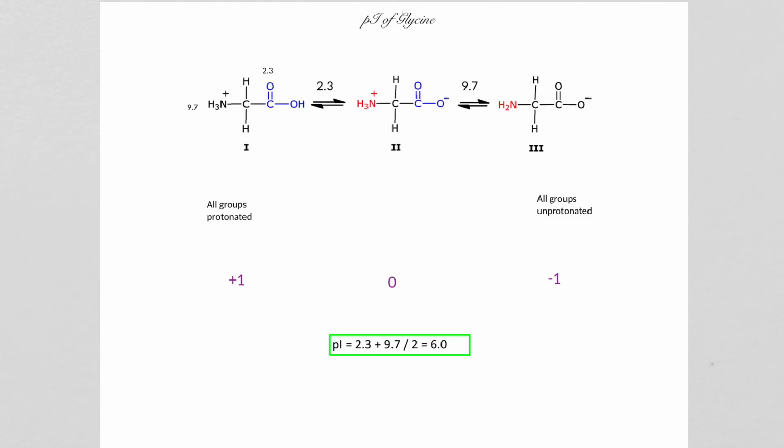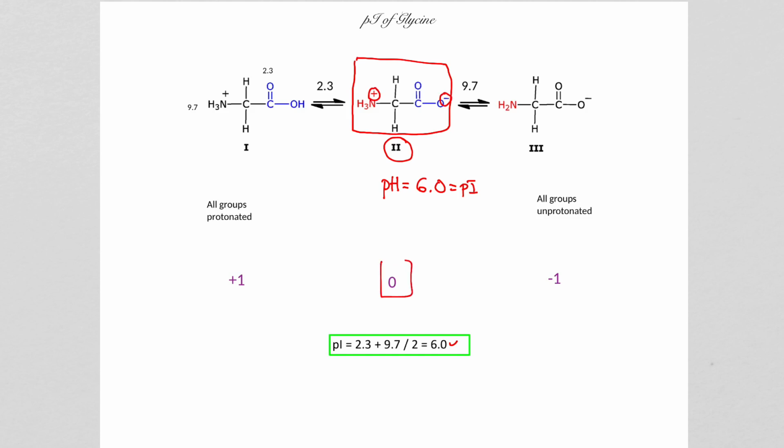So the pI of glycine is 6.0, which means that if you take glycine and place it in a medium with a pH exactly equal to 6.0, which is the pI of glycine, then all 100% of glycine molecules will exist in this form, this structure 2, where you can see a positive charge neutralizes a negative charge.